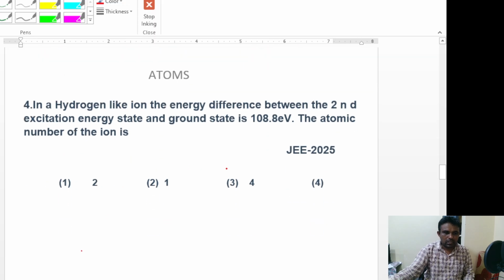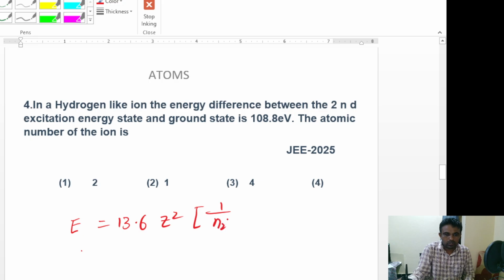In a hydrogen-like ion, the energy difference between the second excited state and ground state is 108.8 electron volts. The atomic number of the ion is. E is equal to 13.6 Z square into 1 by N1 square minus 1 by N2 square.